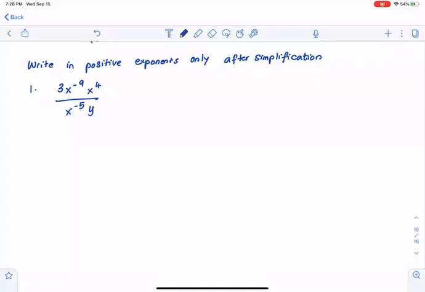So 3 over 1, x raised to negative 9 over x raised to negative 5, x raised to 4 over y. So 3 over 1, bases are identical.